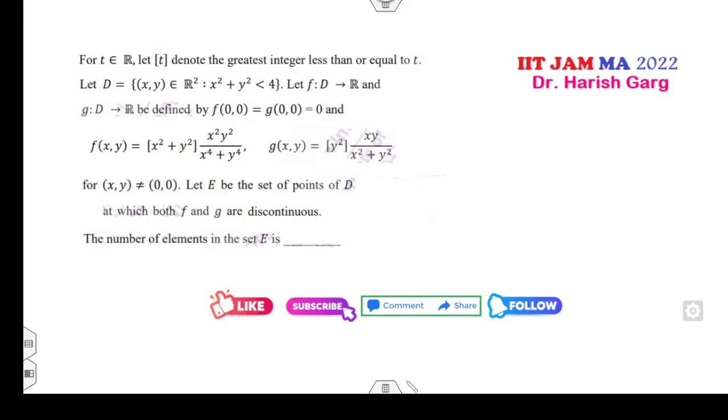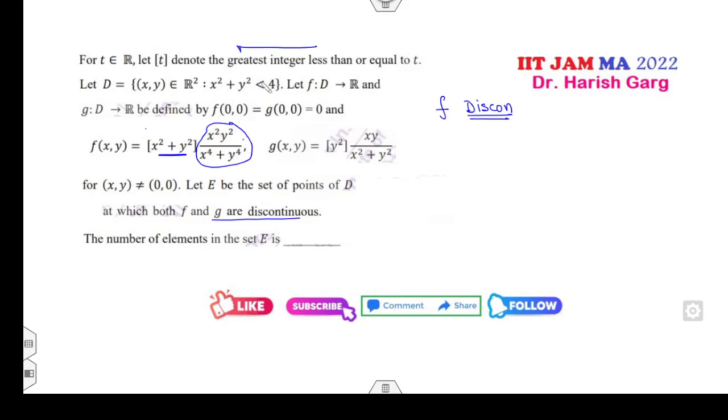Okay, look at the next one. The greatest integer less than or equal to t. g is a function. E is the set of points where f and g are discontinuous. Number of elements in the set. Look at that. Because f is a polynomial part, that function must be continuous.